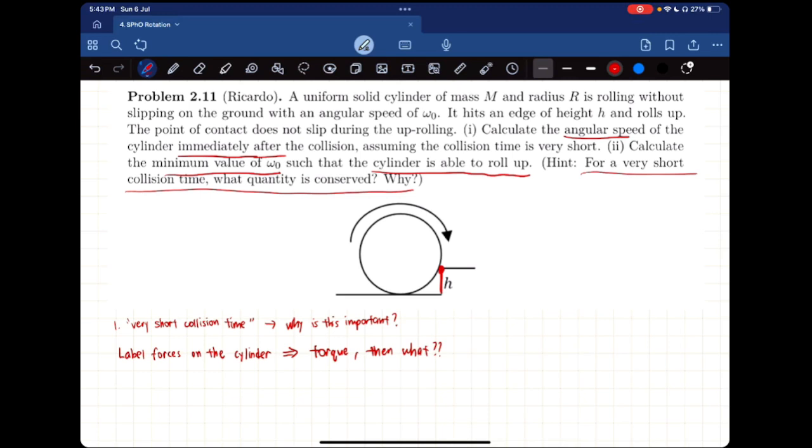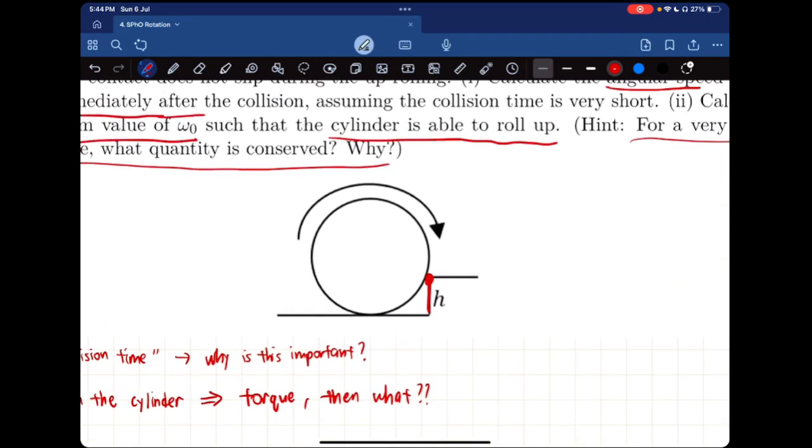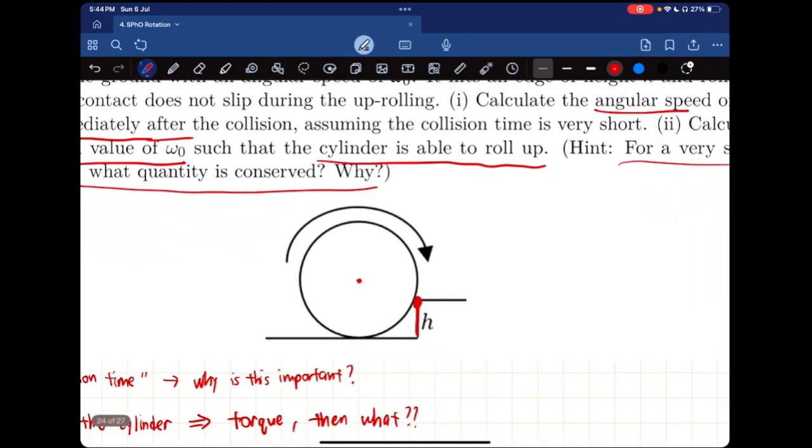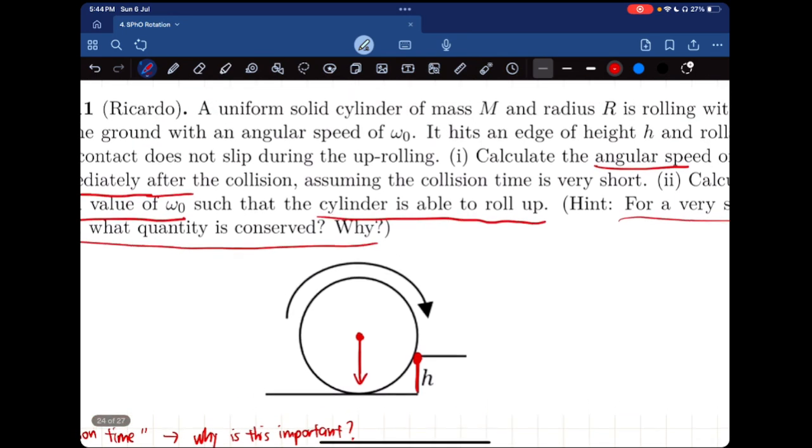And I get you to explain why this quantity is conserved. So what exactly is this quantity that's conserved? I think this is quite guessable, but if you're dealing with rotation, it will be angular momentum. And yes, indeed, angular momentum is conserved. But why? So you can first label forces on this cylinder. mg.